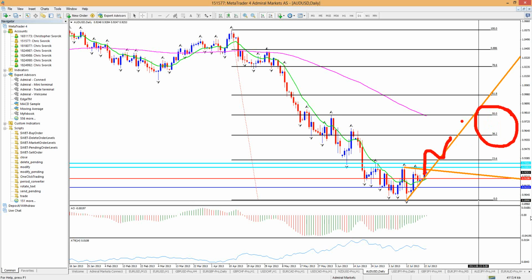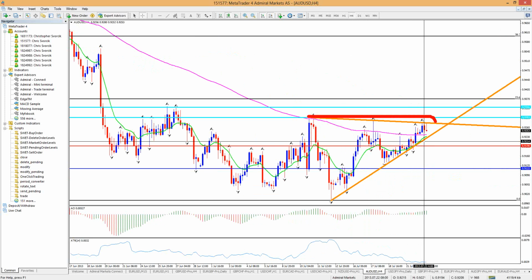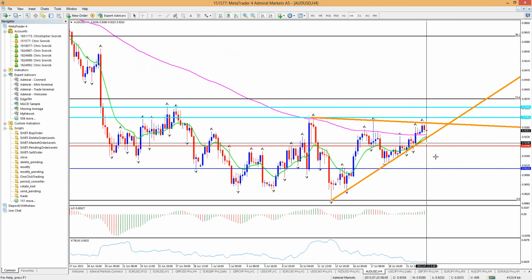But the thing is that even though we're on an ascending wedge, we're right at that resistance level. So going and anticipating that break to the upside right in front of the resistance makes no sense at all, in my opinion.